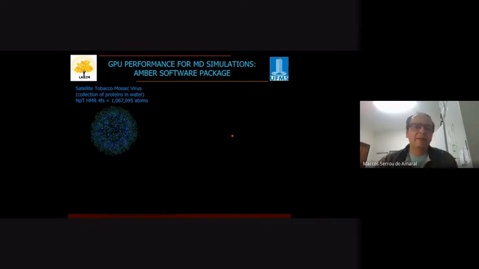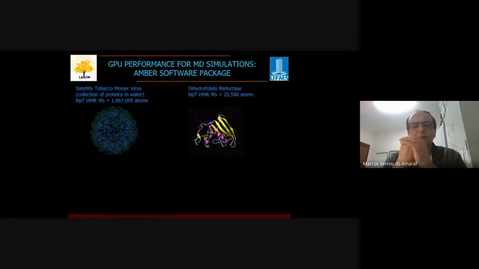For that, I chose 2 biological systems. The first one on the left, it's pretty difficult to understand the pictures, but I know that it's a collection of proteins in water. Probably you are not seeing the waters, so you can see only the fibers.